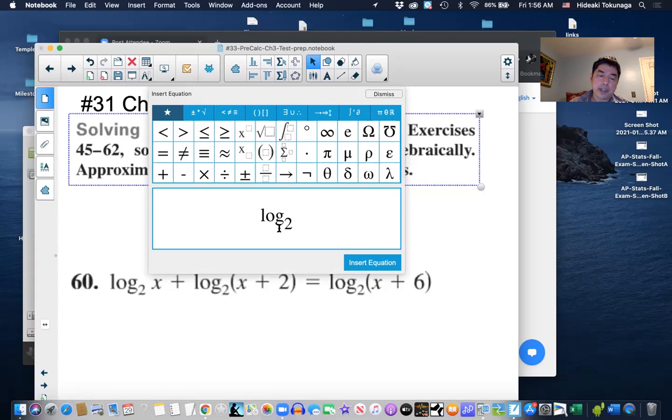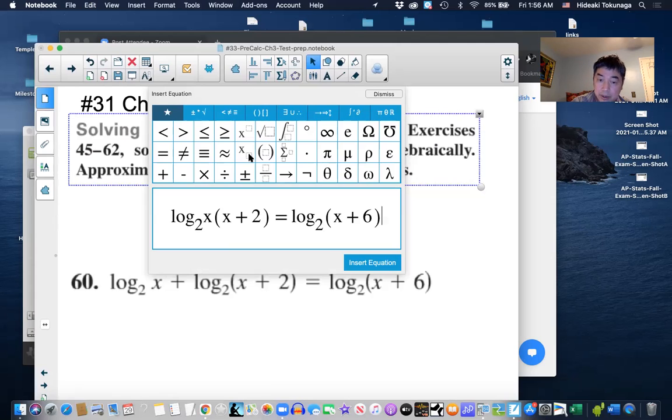You can do the multiplication on the left hand side. So x times x plus 2 equal to log base 2 of x plus 6.